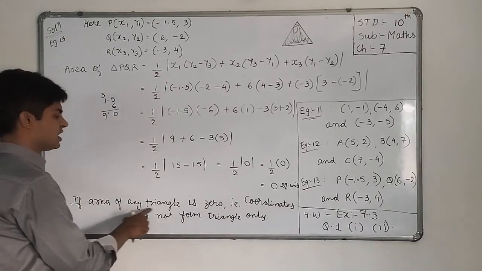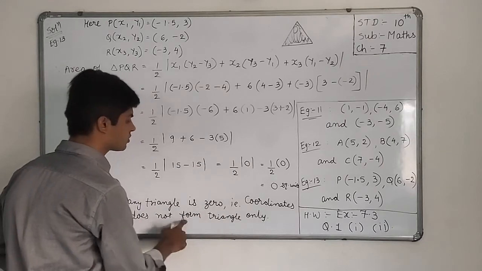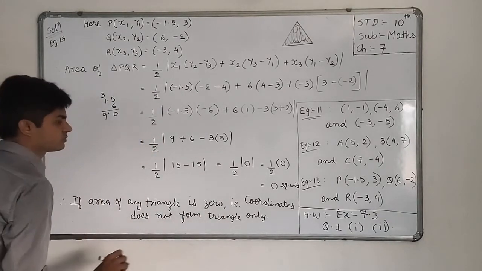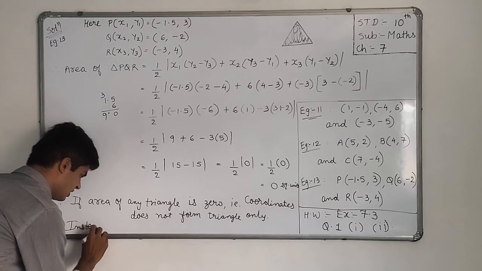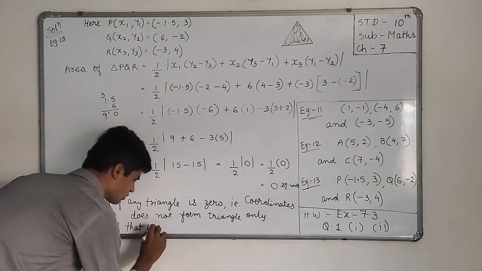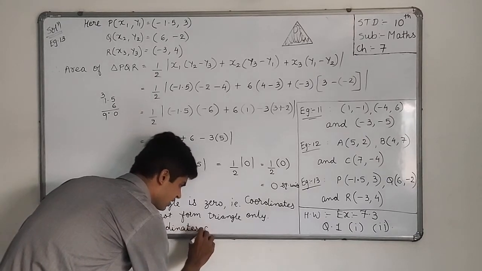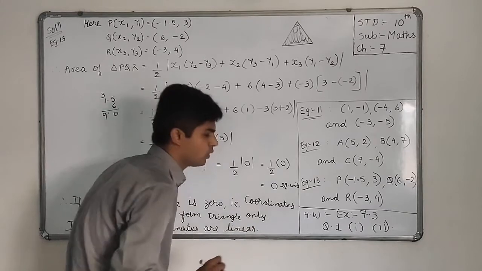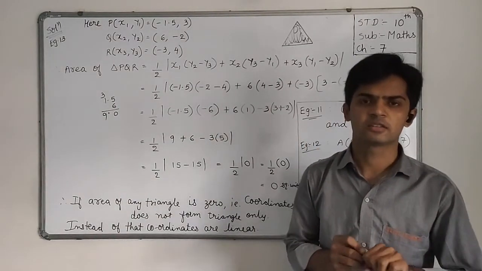If area of any triangle is 0, it means the coordinates does not form triangle only. Instead of that, coordinates are linear.